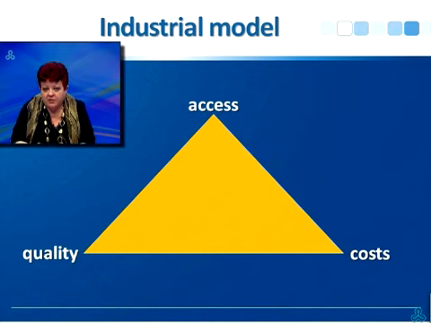The industrial model in distance education has succeeded to create a balance between these three vectors of the triangle of access, quality, and cost. How? You invest a lot of money, high cost, in developing high-quality study materials, but since you can admit large numbers of students, and as I told you, some universities have hundreds of thousands and even over millions of students, as the number of students increases, the cost per student decreases.